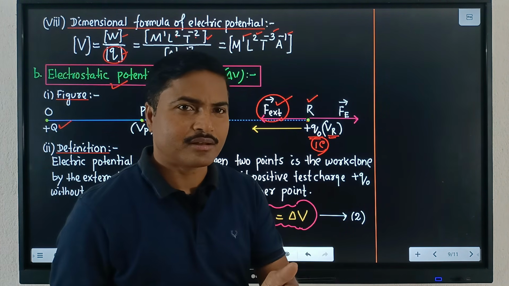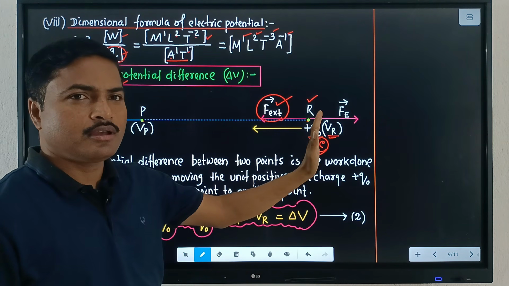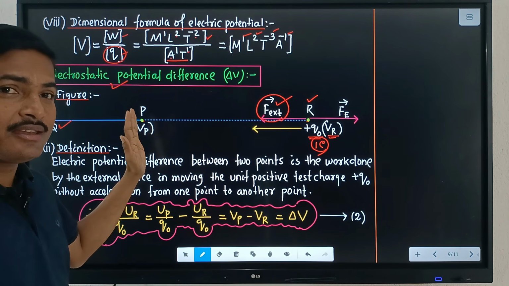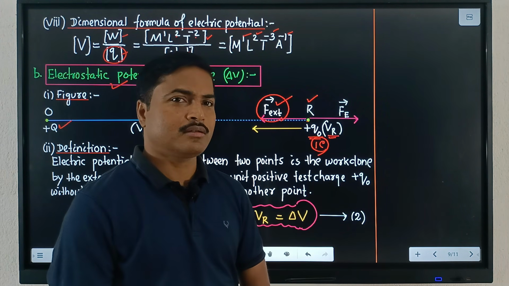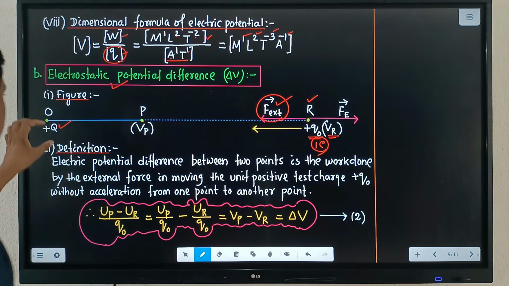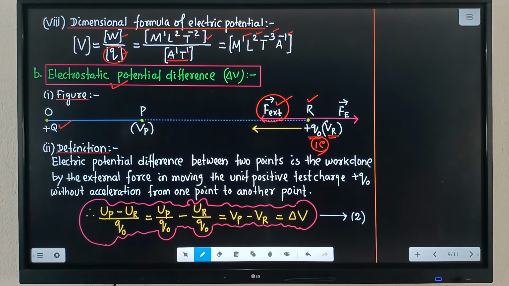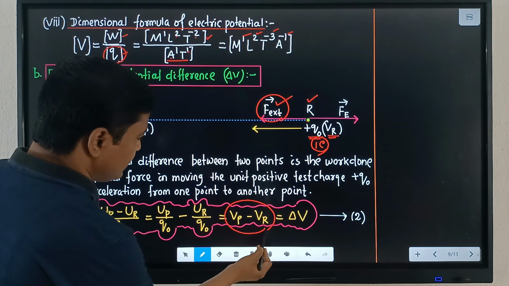And if we compare point P and point R, the potential at point P is greater as compared to the potential at point R, because your source charge is positive, that is plus Q. So what is the electric potential difference? We write electric potential difference as Vp minus Vr.